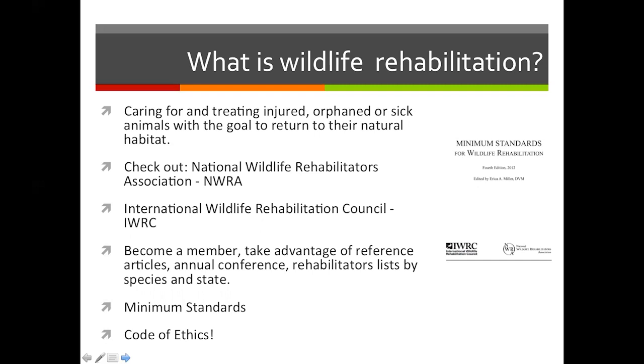There are a lot of benefits to becoming a member. They provide a lot of references and have an excellent annual conference. There are lists of certified rehabilitators and rehabilitators with different species specializations, and by geographic location as well.